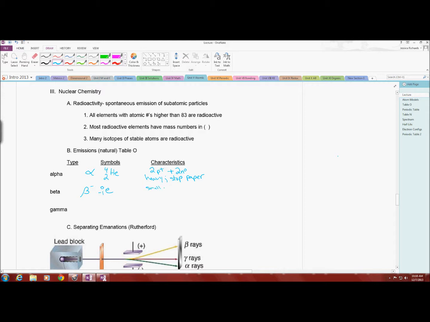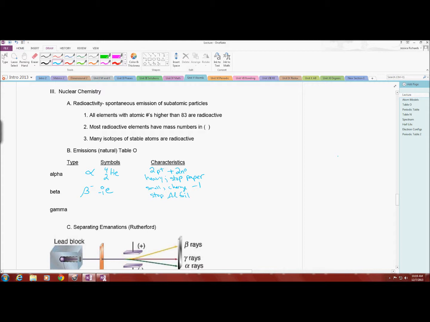So he's small, charge of -1. And we can stop this with metal. So aluminum foil or thicker metal will stop beta particles. It can get through your skin. Beta particles are more damaging to us. They can get through your skin and harm your body tissues.